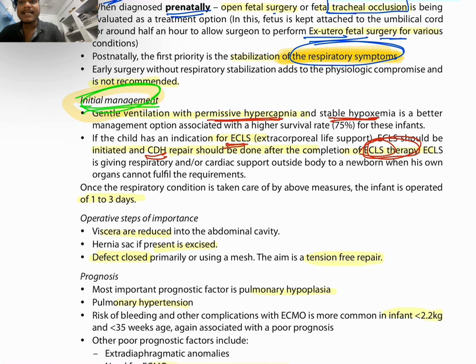ECLS gives respiratory and cardiac support outside the baby's body when the newborn's own organs cannot fulfill the requirement, helping the baby maintain respiratory as well as cardiovascular function. Once the respiratory condition is taken care of by the above measures, the infant is operated on after 1 to 3 days.